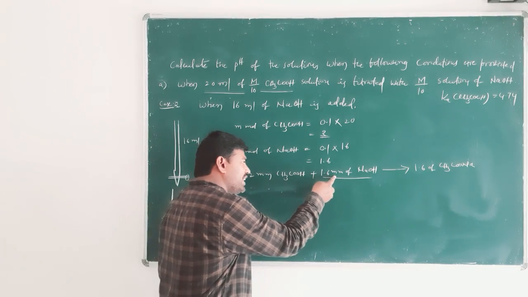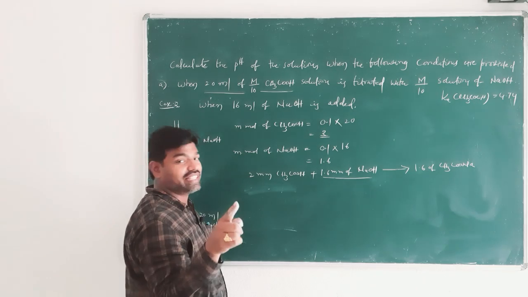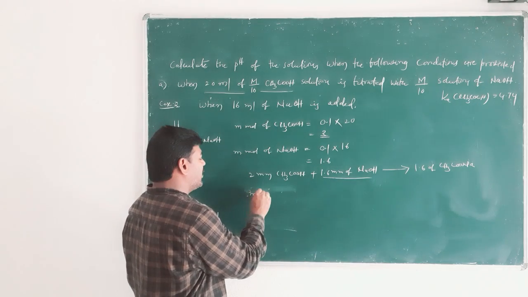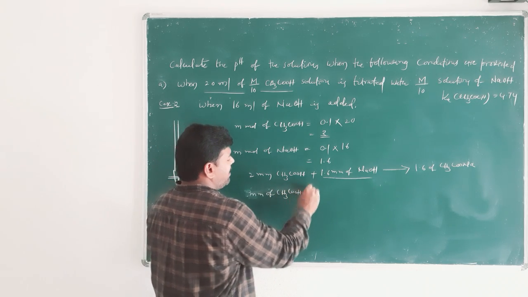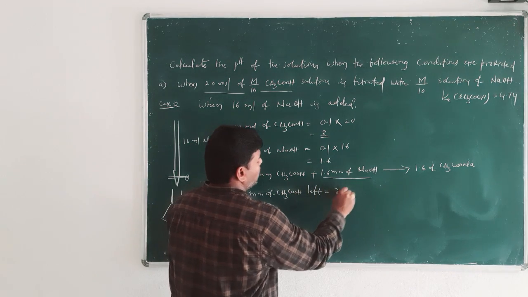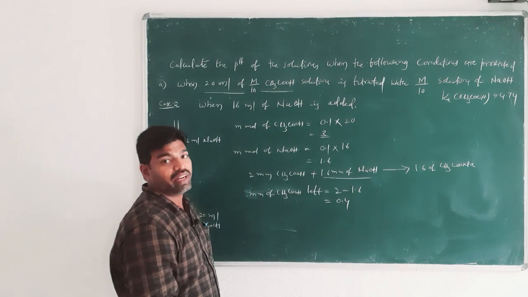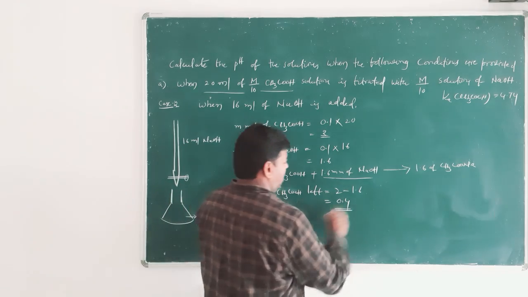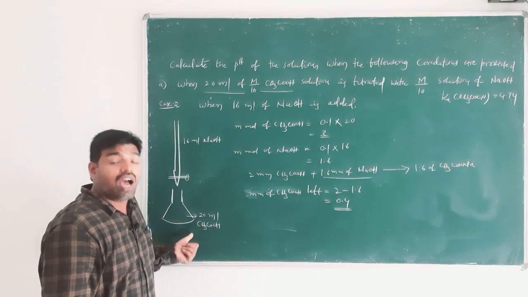1.6 millimoles of NaOH reacted with 1.6 millimoles of acetic acid. So how many millimoles of acetic acid are left behind? Acetic acid left is 2 minus 1.6, that is 0.4 millimoles. 0.4 millimoles of unreacted acetic acid is left behind in the conical flask.